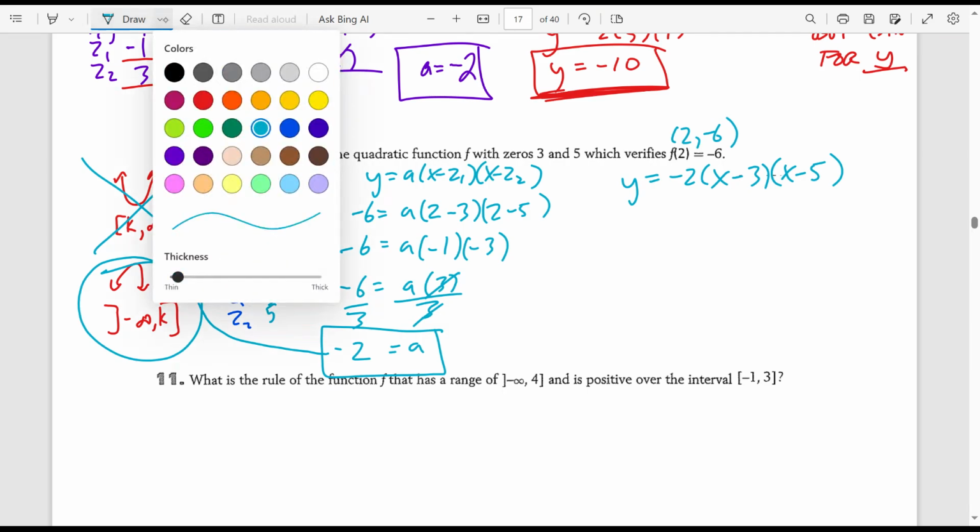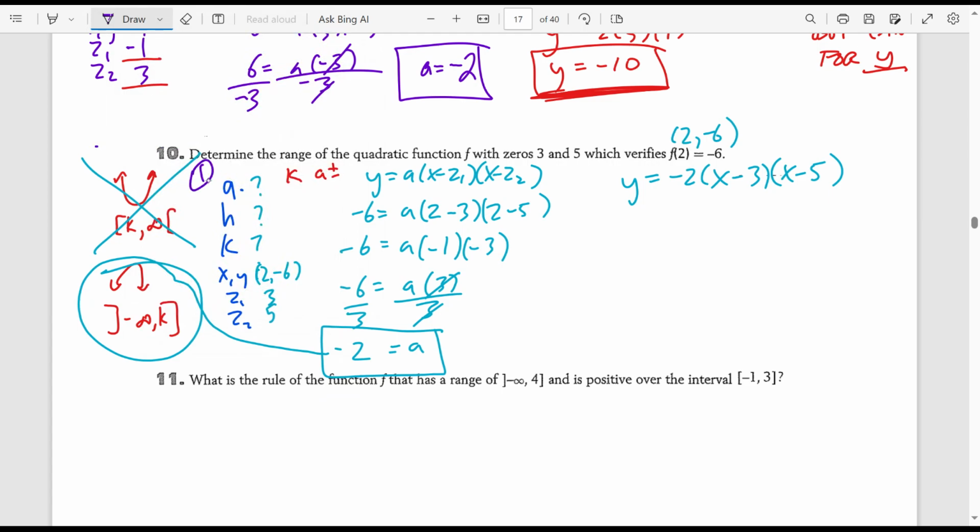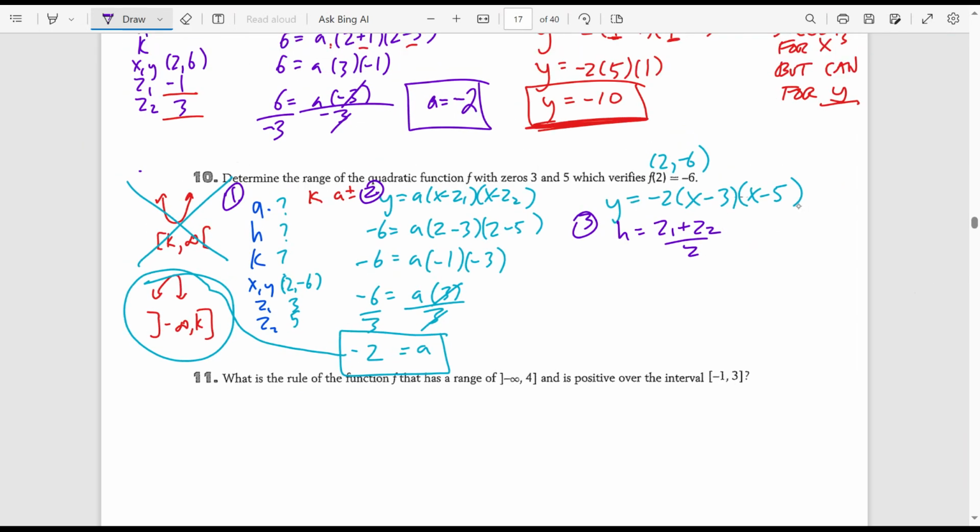So if you want to number this off: number 1, we label what we have. Number 2, we solve for a. Step 3, we find out what the h is. So h is equal to z1 plus z2 divided by 2, so it's 3 plus 5 divided by 2. H is equal to 4.